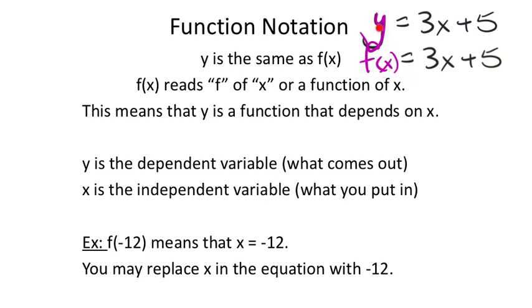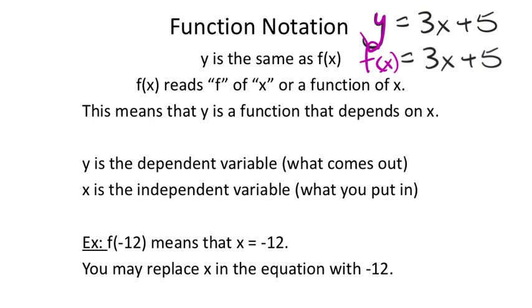So that tells us that y is a dependent variable and x is independent, meaning x is something that you put in to the function. You put this in and then out comes something else. That's why the y, or the f of x, depends on what you put in. That's what that's explaining here. y is dependent, x is independent. We'll talk more about this later, the independent-dependent thing.